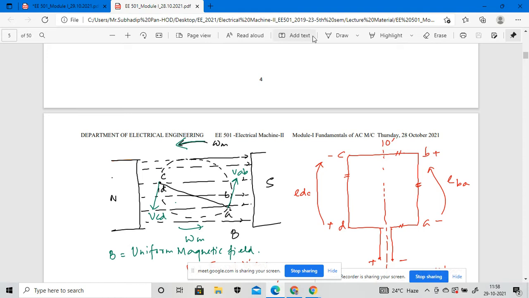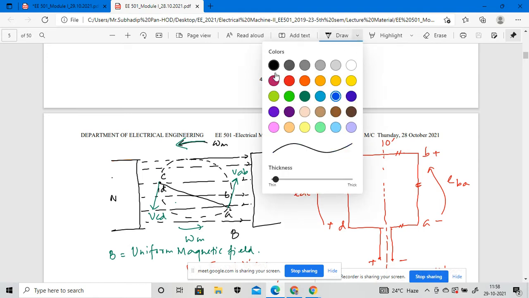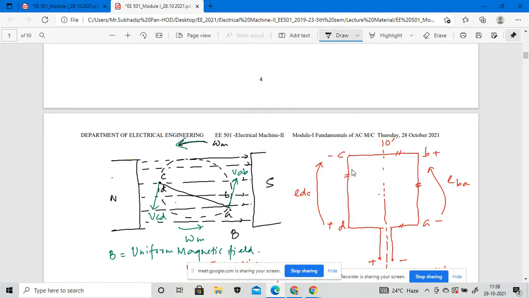So this is actually my L, the length of the wire.